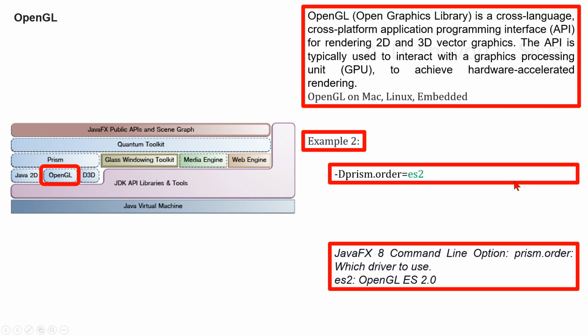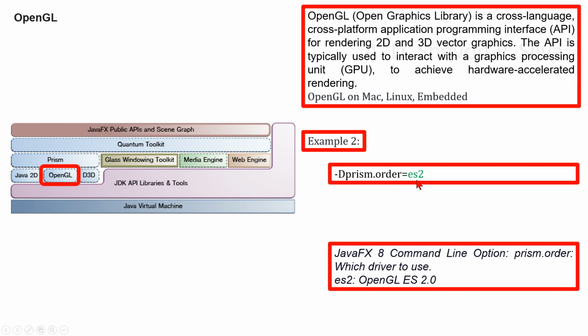As example 2, we can consider this JavaFX 8 command line option. Prism order implies which driver to use. Here ES2 means OpenGL ES 2.0.